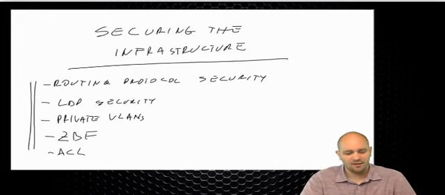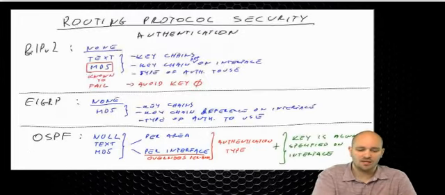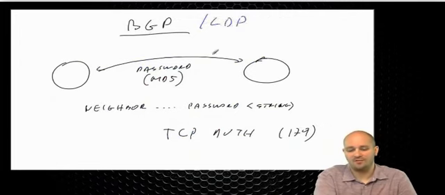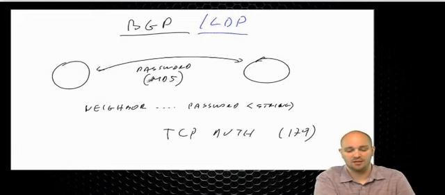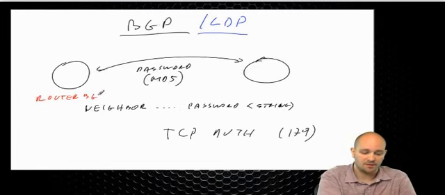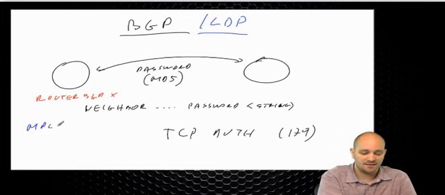Now, going back to the list that we said we were going to talk about, the routing protocol security and LDP security. While on the subject of LDP security, I should point out that LDP works in a very, very similar fashion to BGP. Again, between the neighbors on the TCP session, we can enable MD5 security, and instead of using router BGP, for example, here, let's say this was an example with router BGP X, if we used LDP, it would be MPLS LDP, and then the exact same syntax.